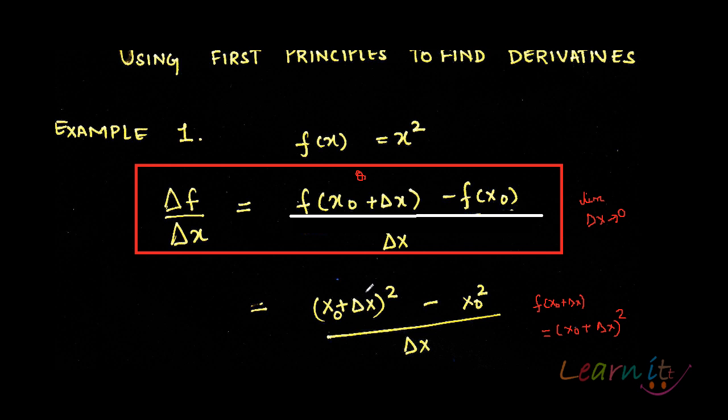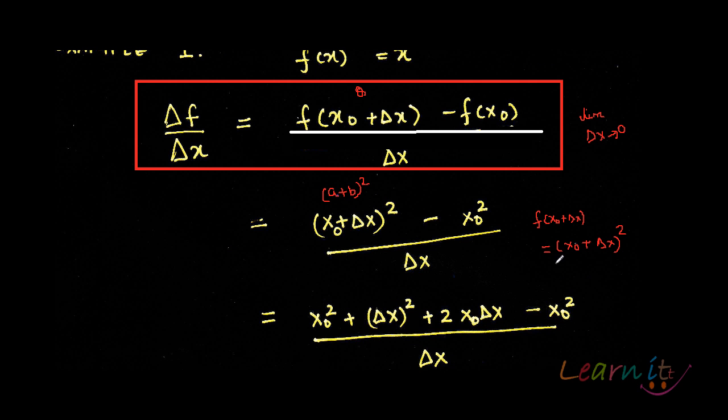Now here I have (a plus b) whole square. Can I make use of some algebra out here and just open it up? So I get x naught square plus change in x whole square plus 2 x naught into change in x, minus x naught square that I have from the previous, upon change in x.